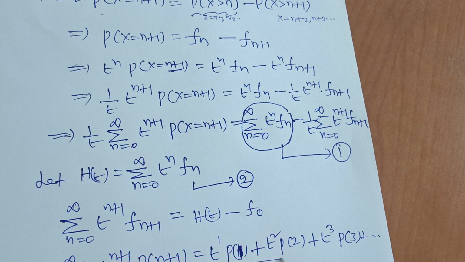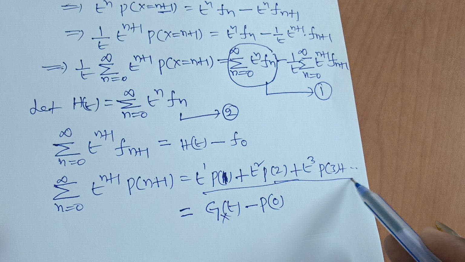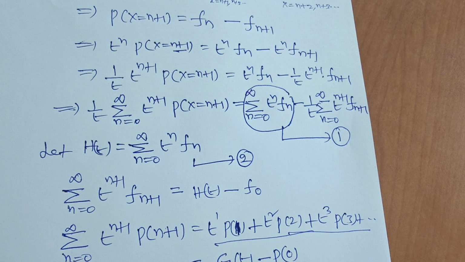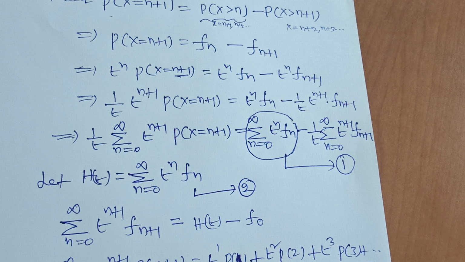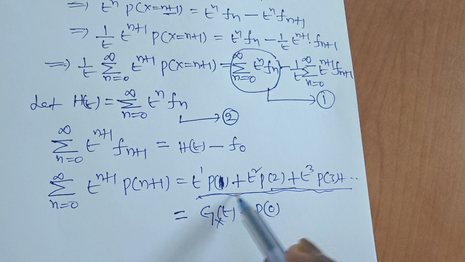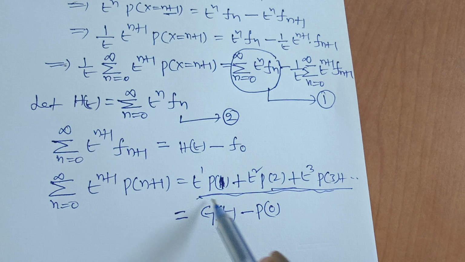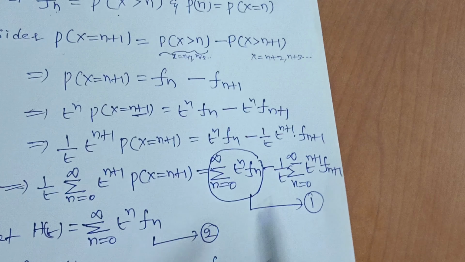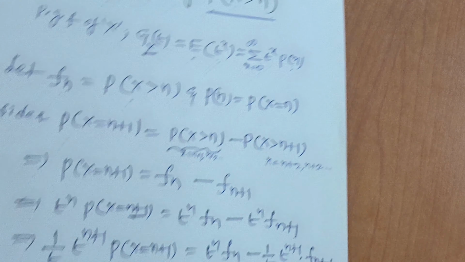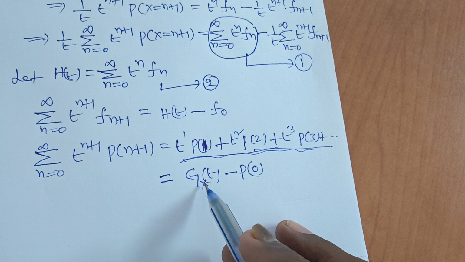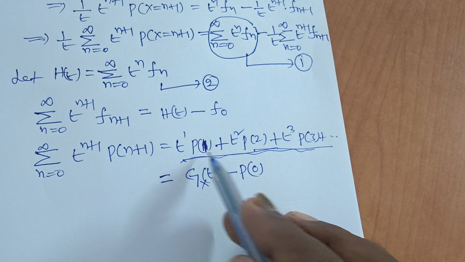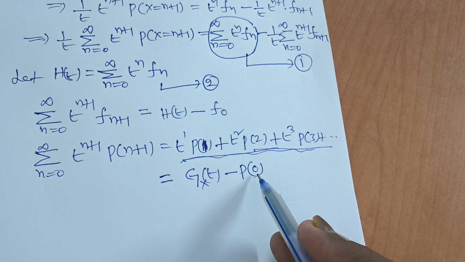But in this expansion we have no P(0) value. That's why this can be written in the form G_X(t). There is no term of P(0) in this expansion, that's why minus P(0).